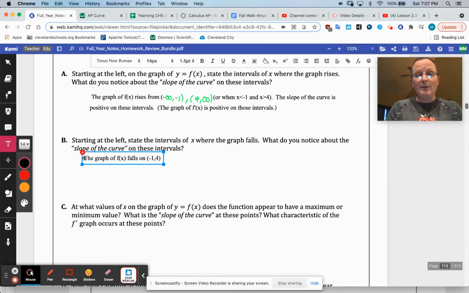Or you could say when -1 is less than x is less than 4. Saying the same thing.